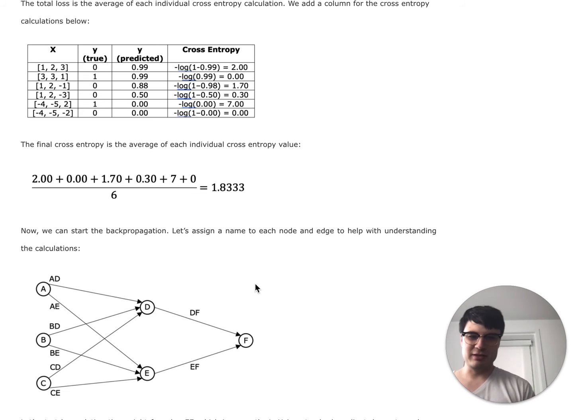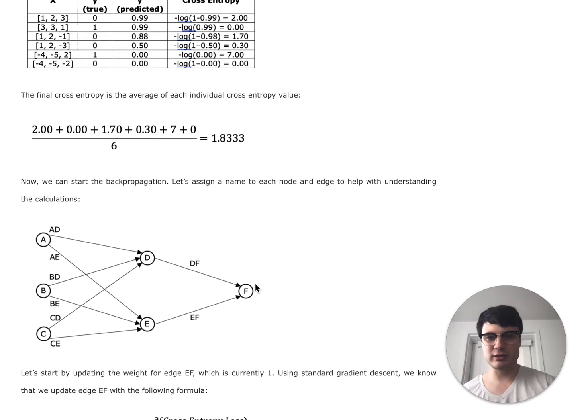Now it's the fun part. We're about to update the weights of the neural network based on the value of the loss function, the average loss. This is going to involve some calculus, and some review of how gradient descent works.